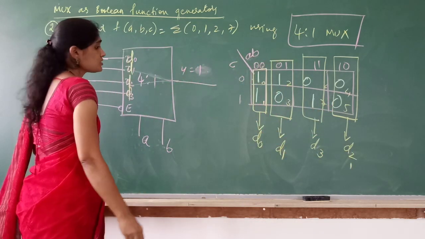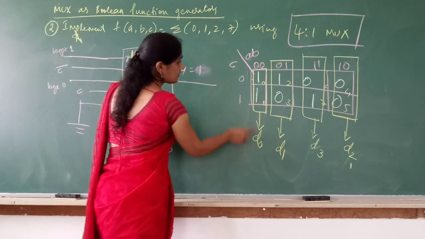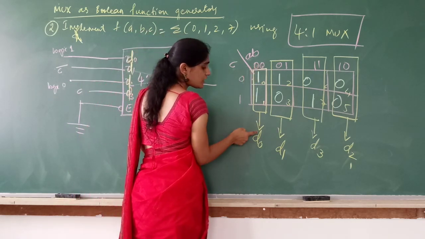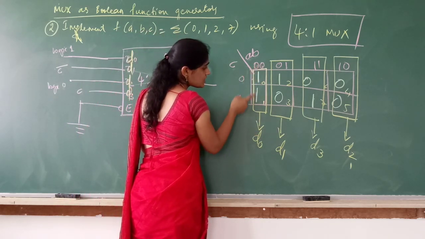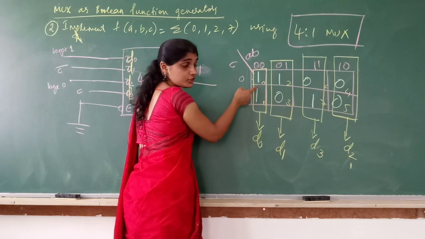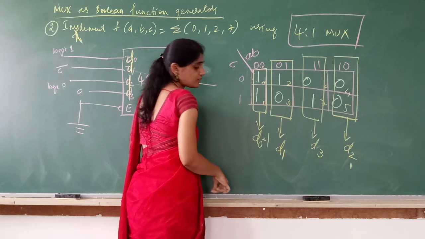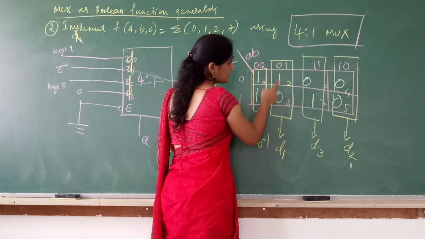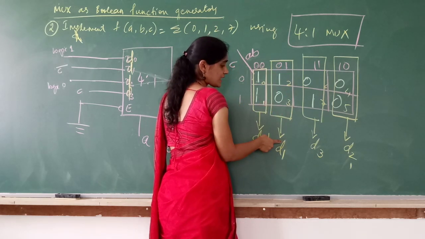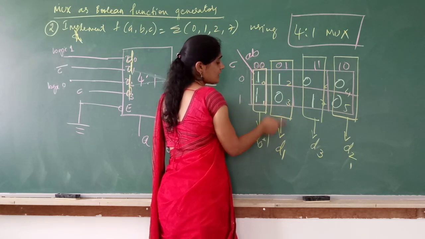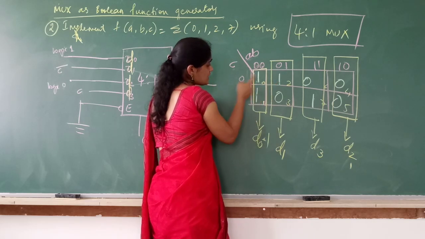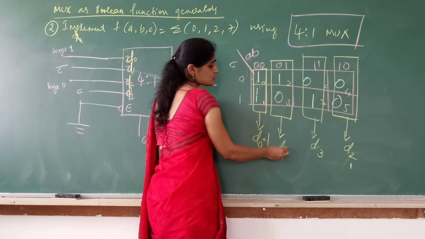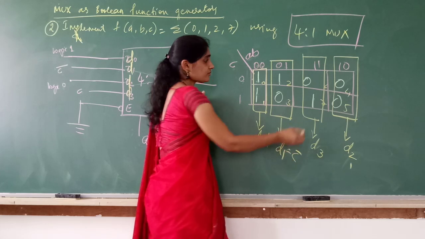Correct? So now, what is D naught? When AB is 0, 0, D naught is the output. D naught is 1 for both the cells, right? So D naught is 1. What is D1? When 0, 1, D1 will be selected. Compare with C: 1, 0, 0, 1. So D1 is C bar.